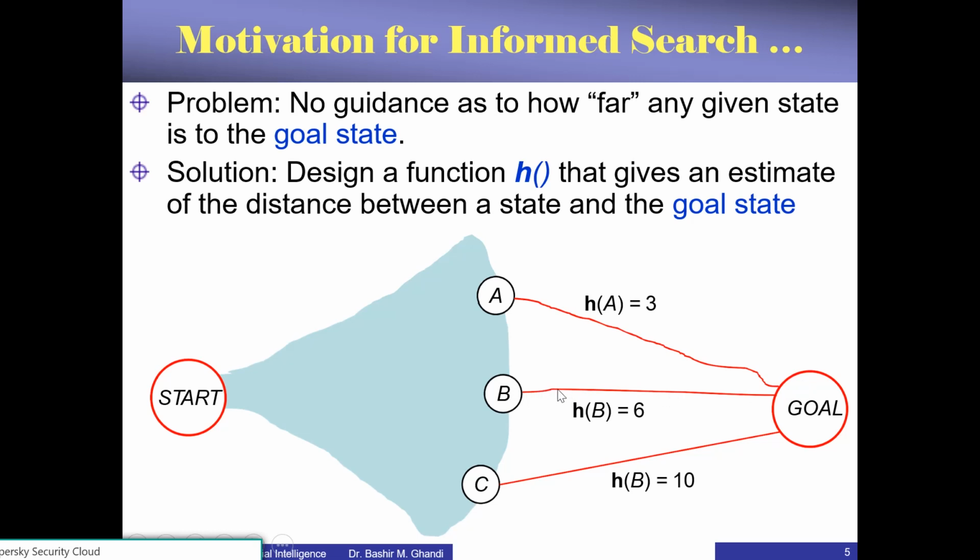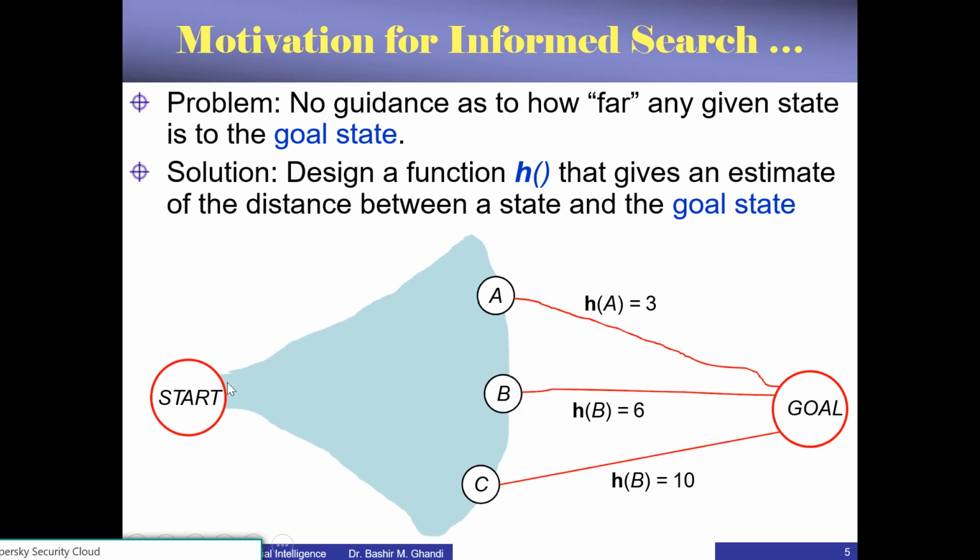If we know the actual cost, then there is nothing to do; we can just conclude we have found the shortest path. But wouldn't it be nice to have a function that gives us an estimate? An estimate doesn't necessarily mean it is always correct. It may be wrong, it may be correct, but at least it gives us an idea how much it will cost from the current state to the goal state.